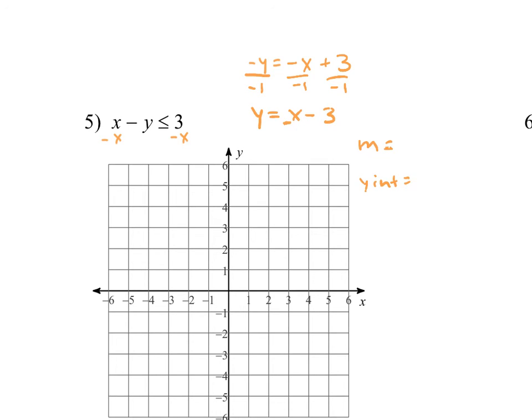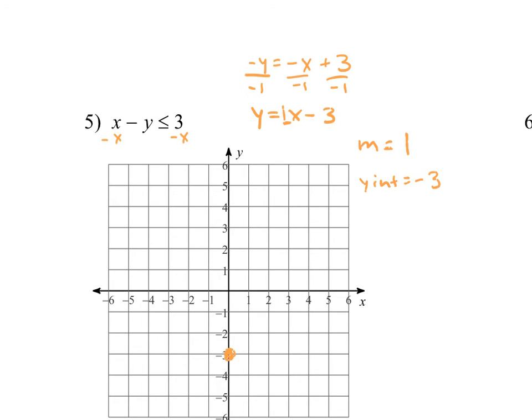Nicholas, what's our slope here? 1. When we don't have a number in front of the x, remember it's always just 1. What's our y-intercept? -3. Perfect. So we put a dot at -3.